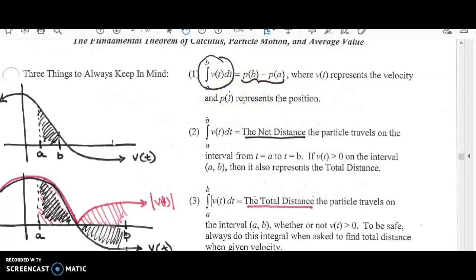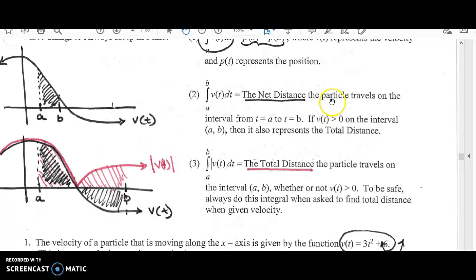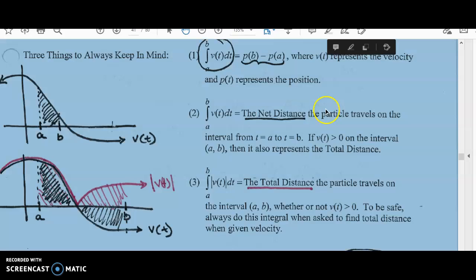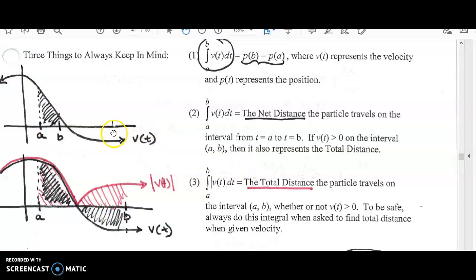Now, here's another thing that we haven't talked about in a while, and that's the difference between net distance and total distance. And there's a quick fix in these problems, because remember, net distance is displacement, which means that sometimes when we move to the left on an object, we will be taking away.